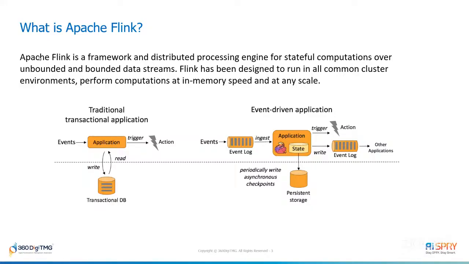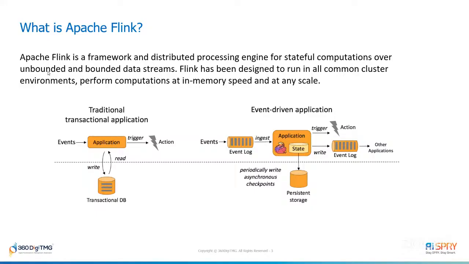That is why Apache Flink is a framework that works in a distributed environment and also uses stateful computation over unbounded as well as bounded data streams. Flink also supports batch data processing. Unbounded means continuously coming.